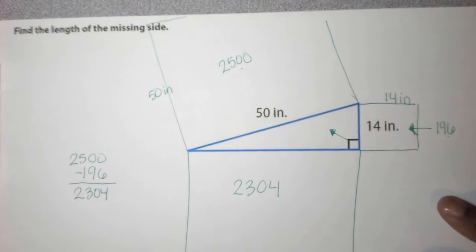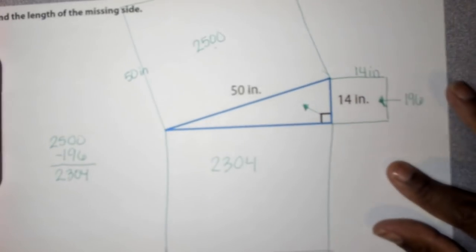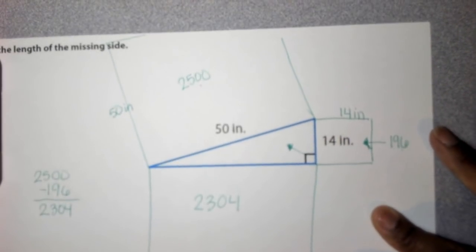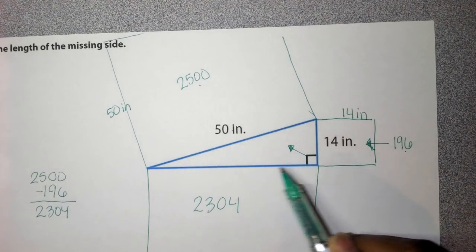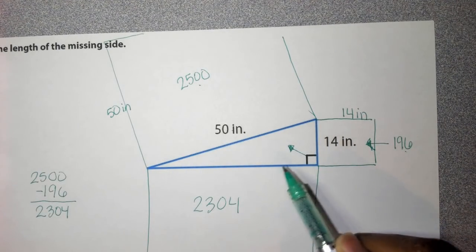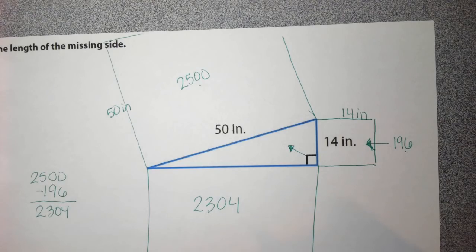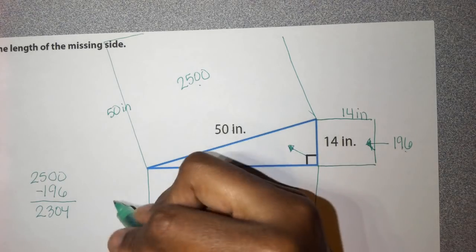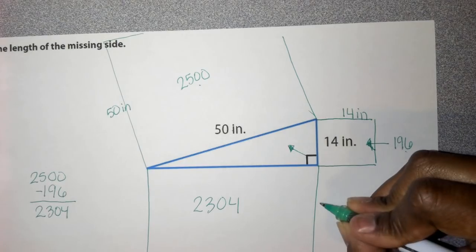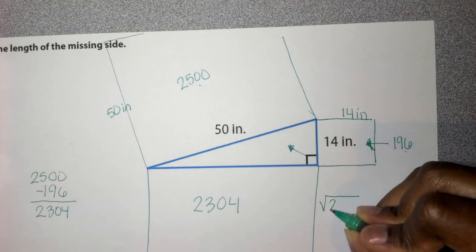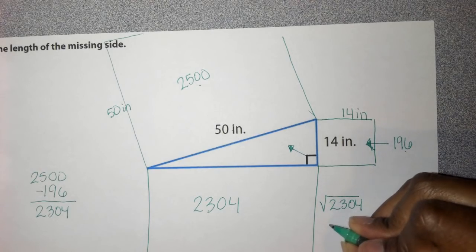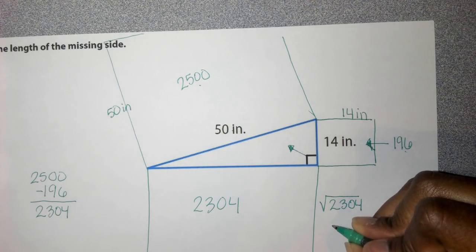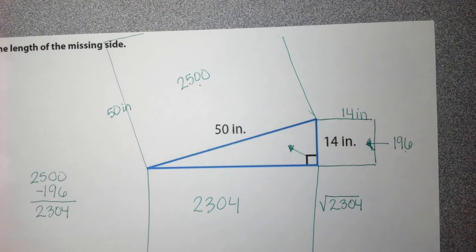If I have 2,304 squares here, then I know that the missing side of my triangle is only one side of that square, which is the square root of 2,304. So I'm going to take the square root of 2,304, and that is going to give me, what is the square root of 2,304?